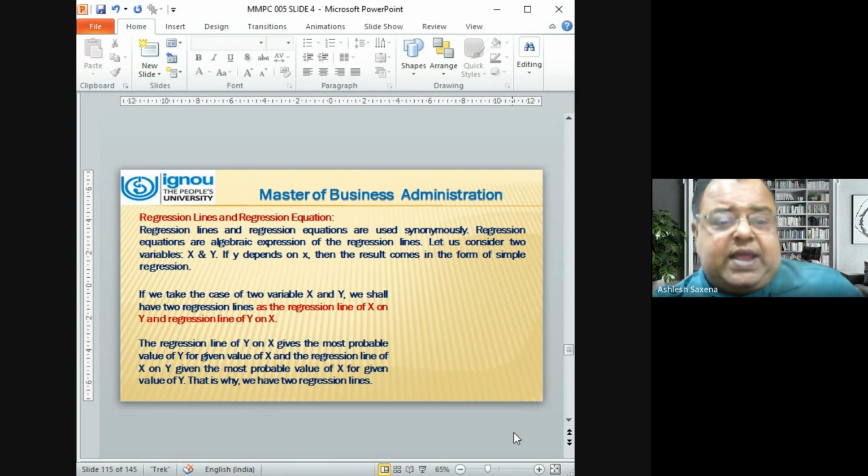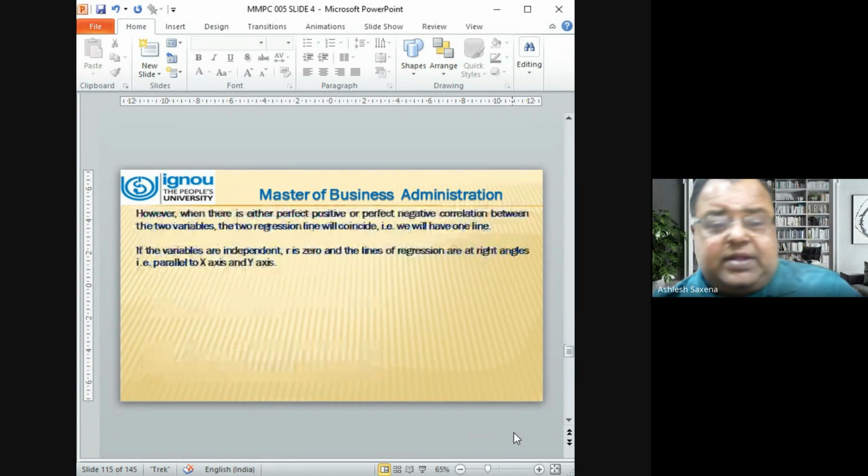The regression line of y on x gives the most probable value of y for the given value of x, and the regression line of x on y gives the most probable value of x for a given value of y. That is why we have two regression lines.